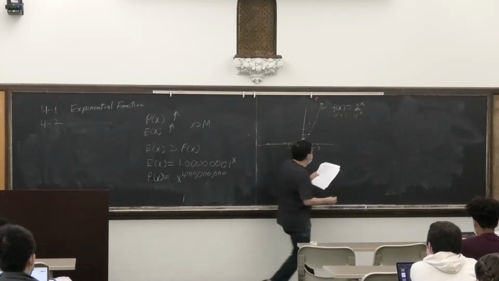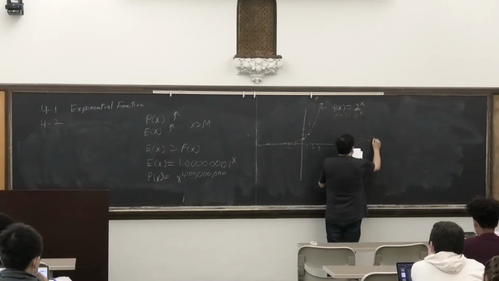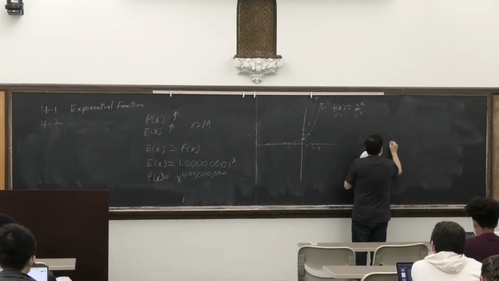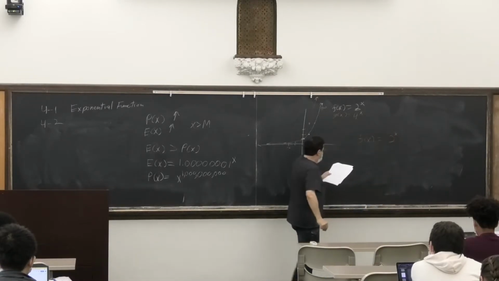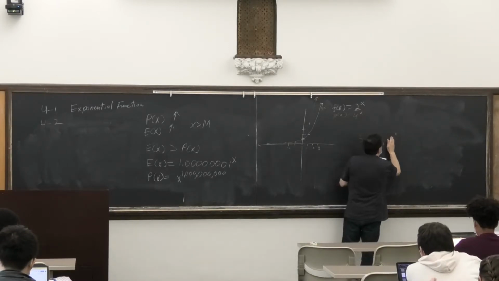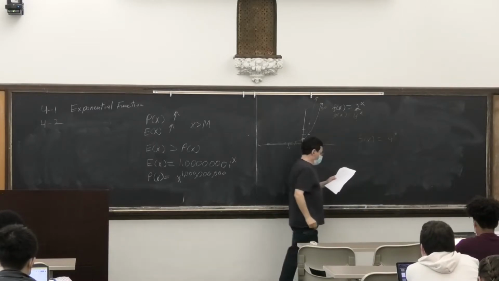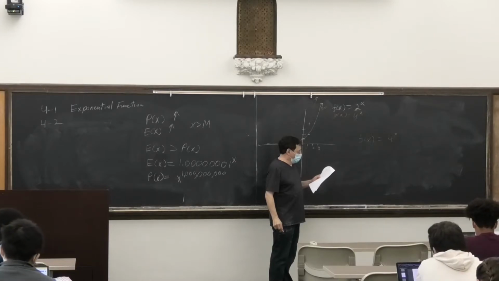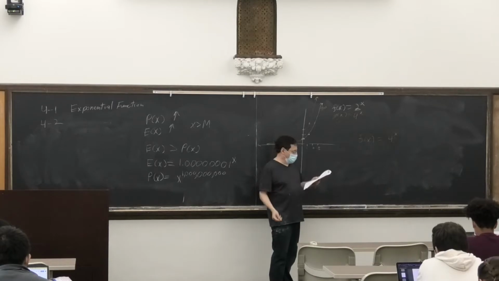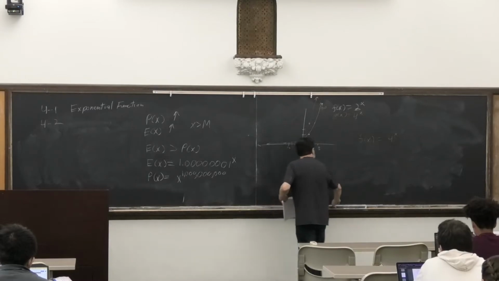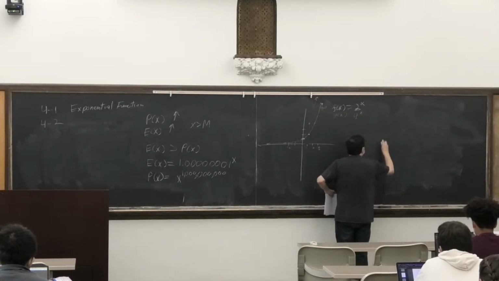What happens if I take my f of x, 2 to the x, and just multiply it by some number?